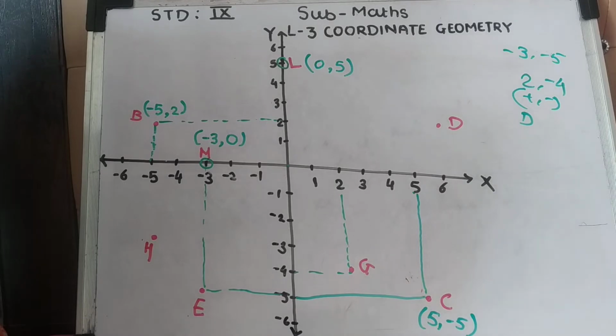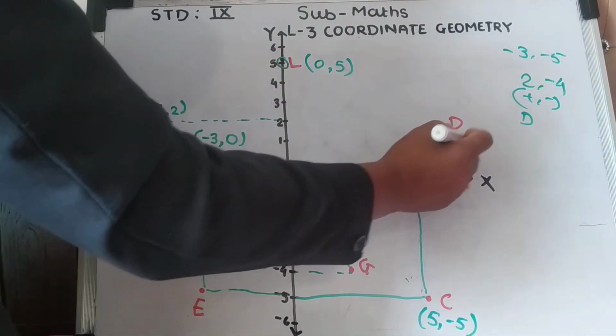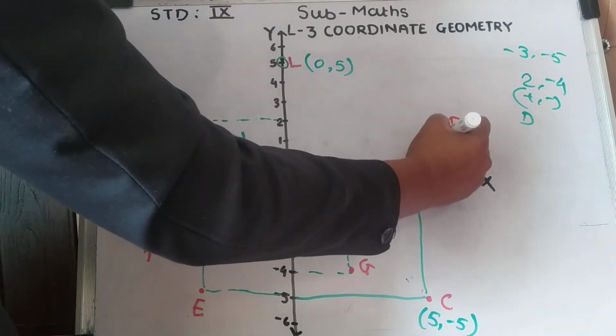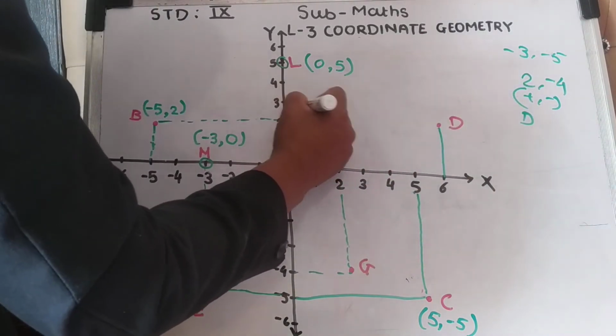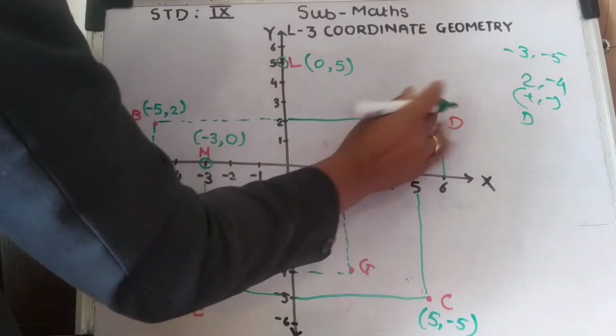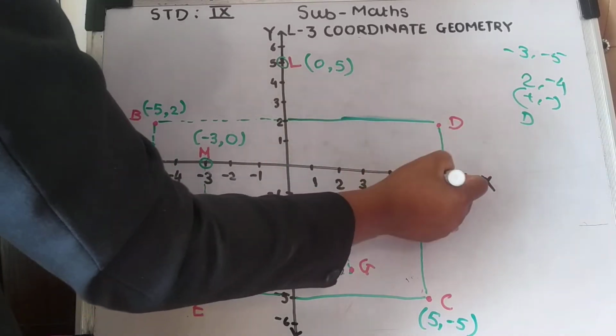How are we writing this? The abscissa of point D. What is the abscissa of point D? Abscissa is nothing but the x coordinate. So we will see this and this line. Which one is the x coordinate?